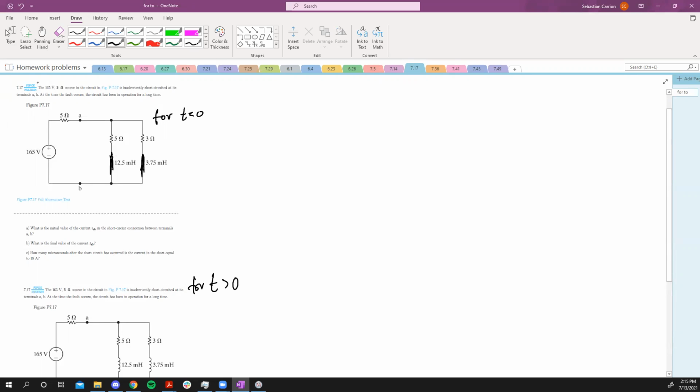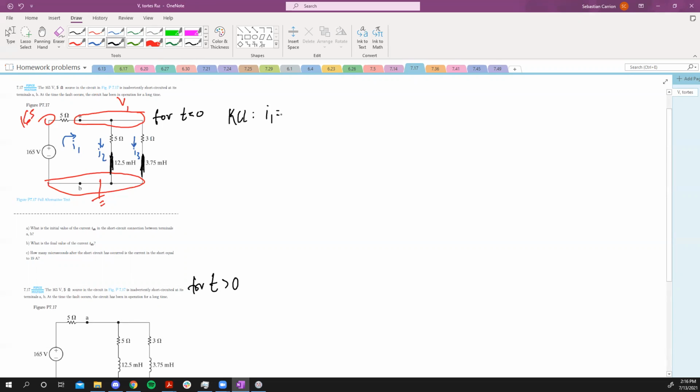Okay, so I'm gonna do part A first. Assuming this here is our ground, call that V1. We call this I1, I2, I3.